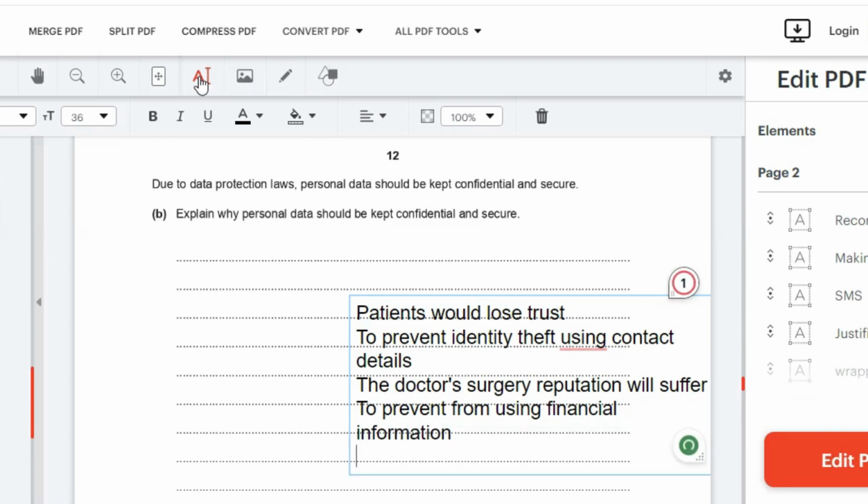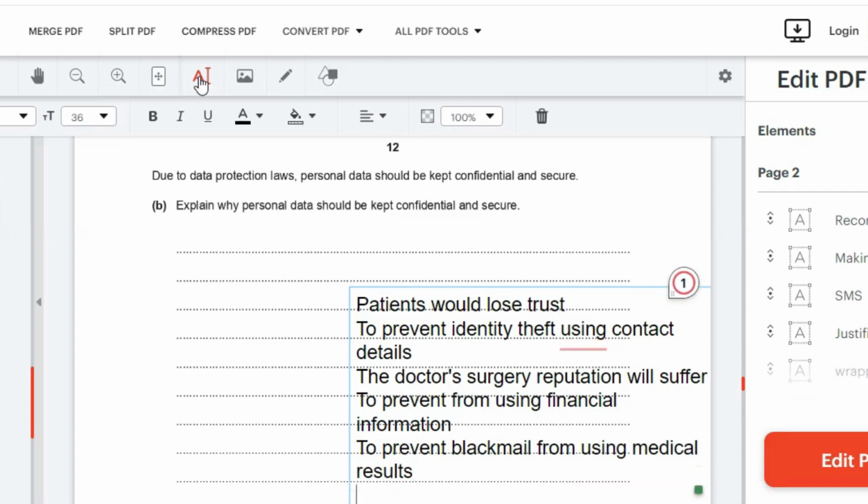That's 4. We have 5: to prevent blackmail from using medical results.